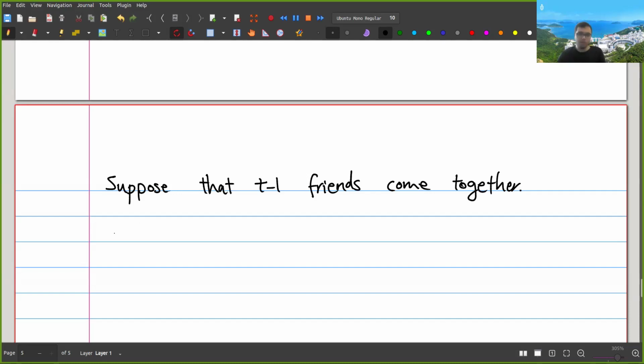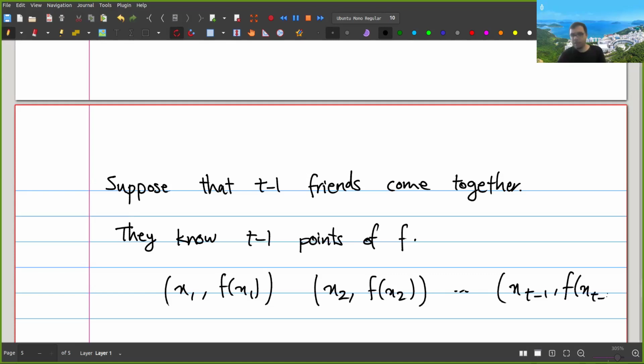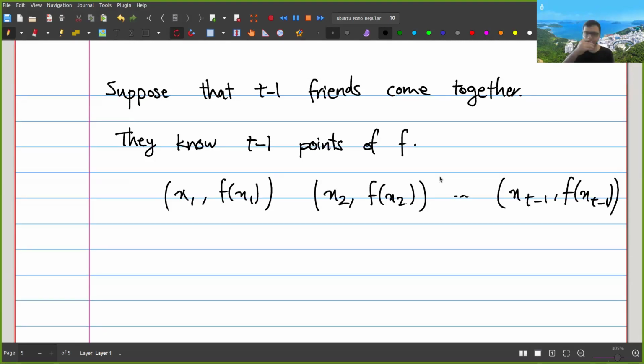So they know t minus 1 points of f. Let's say they know some point x1 and f of x1. They know x2 and f of x2, and so on to x t minus 1 and f of x t minus 1. They know t minus 1 points of my polynomial.